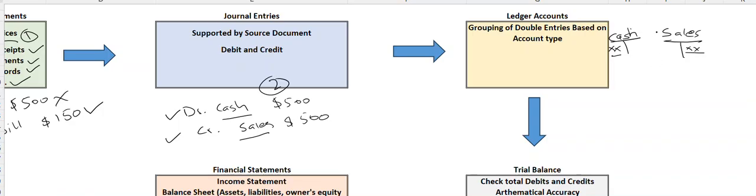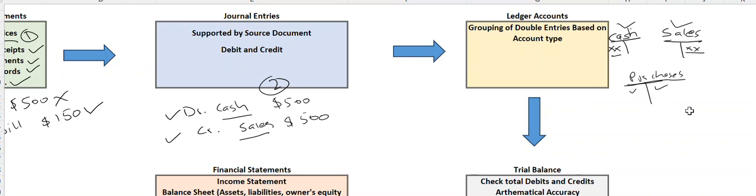Okay, so let's say this is basically a group of accounts that are being used. This is a group, this is a group, and for example, you also made some purchases during the period of your business. So you have the group for the purchases, same debit here, credit here, and so on.